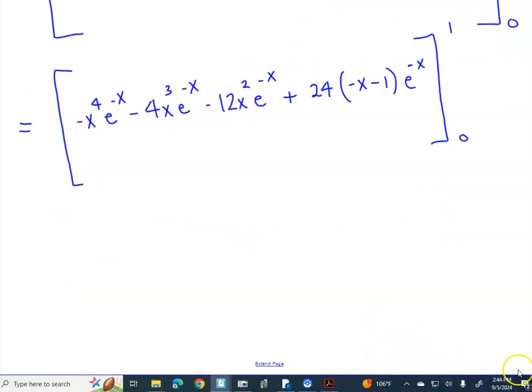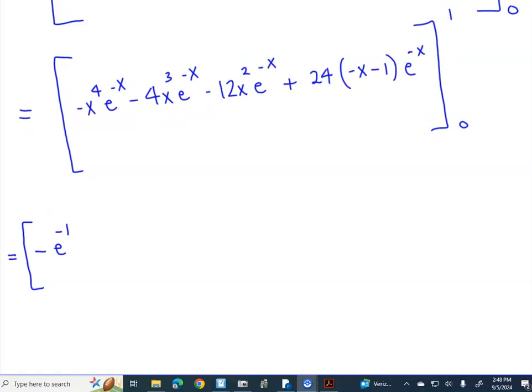So now let's go ahead and plug in our zeros and our ones. The first one is going to be negative 1 to the 4th power e to the negative 1. If we plug in 1 cubed, we get minus 4 e to the negative 1, minus 12 e to the negative 1.